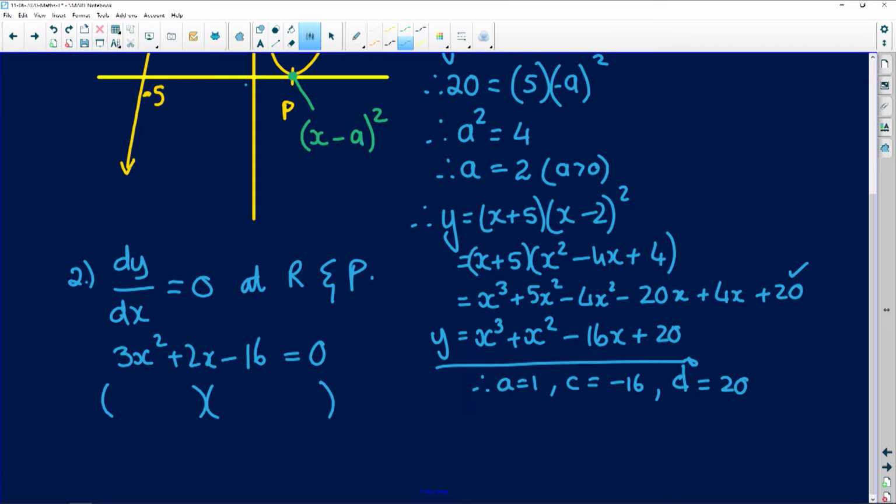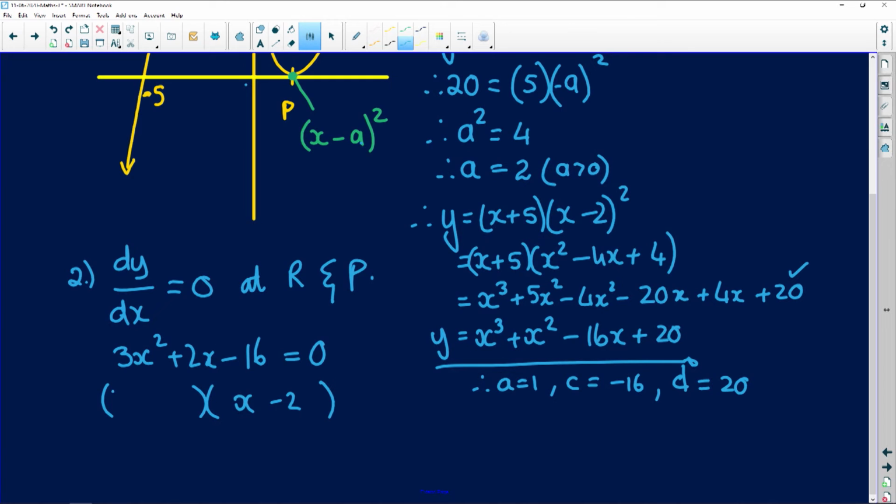I know the one factor is going to be x minus 2, because it's not only a root, it is a turning point. It's a root of multiplicity 2. Those type of roots are also, at the same time as being a root, a turning point. So what's left? There's a 3x left there. There's an 8 that must multiply with 2 to give me minus 16, a positive on the inside.